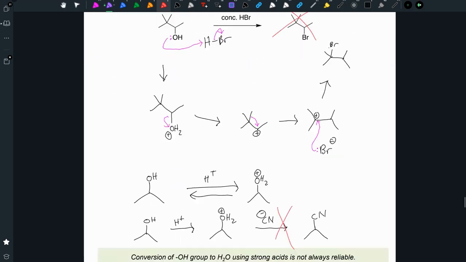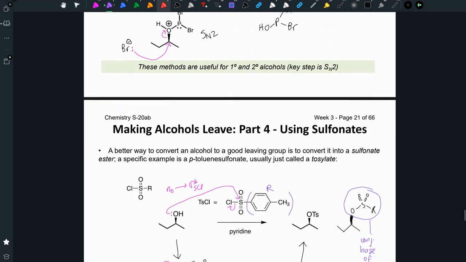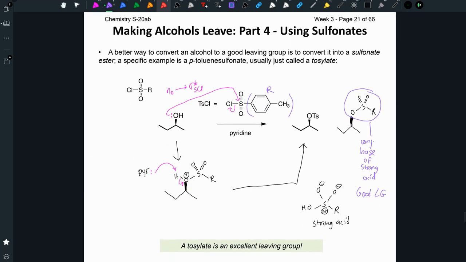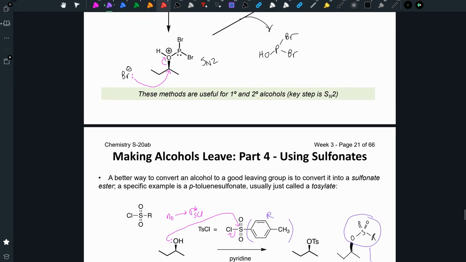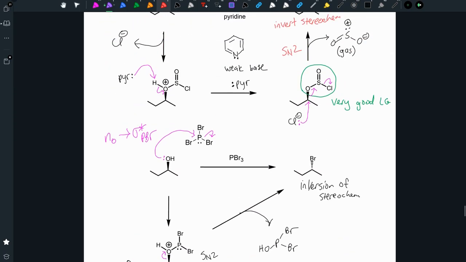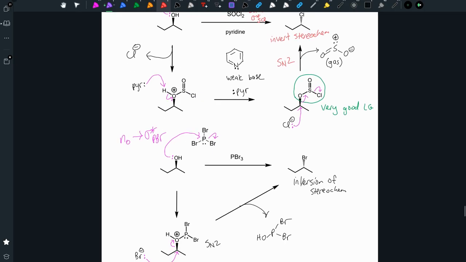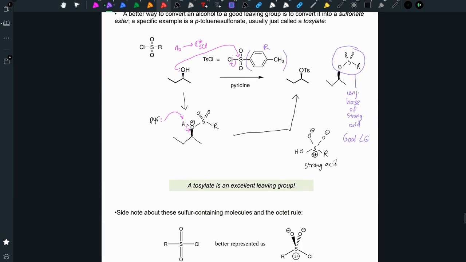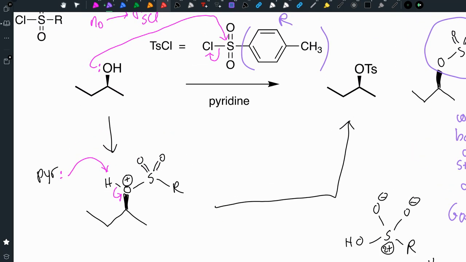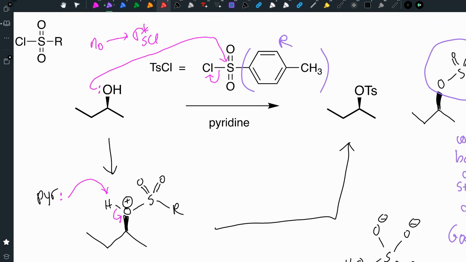Now, why do I need this different method of making the OH into a good leaving group? Well, the reason I like having this extra method is, notice these other two both relied on an SN2 reaction as a key step, and so they both inverted the stereochemistry. This reaction, notice there's no reaction happening at the carbon, so I retain the same stereochemistry. If the OH started wedged, the OTs will be wedged.